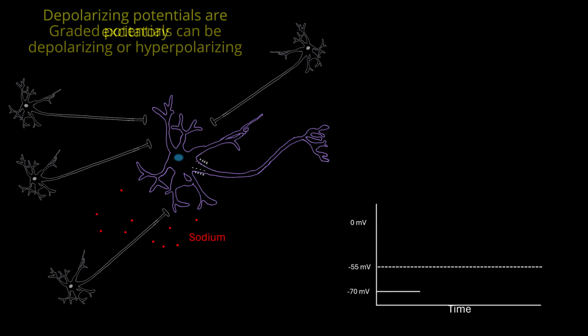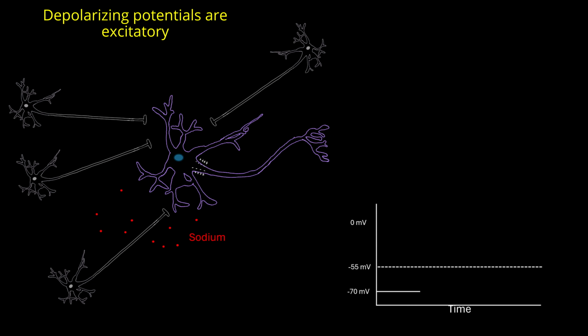Recall from the video on graded membrane potentials that they have two properties. They can be larger or smaller, and they can be depolarizing or hyperpolarizing. When we think of a depolarizing graded membrane potential, one neurotransmitter that causes that is called glutamate.